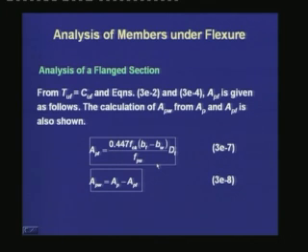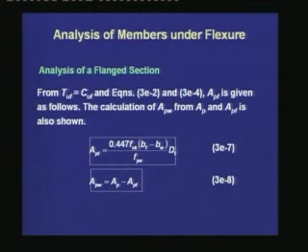Now, once we know APF, that means what we are doing is we know the stress in the outstanding flanges to be constant at a value of 0.447 FCK. From that, we are able to calculate the total compressive force in the outstanding flanges, which is CUF.